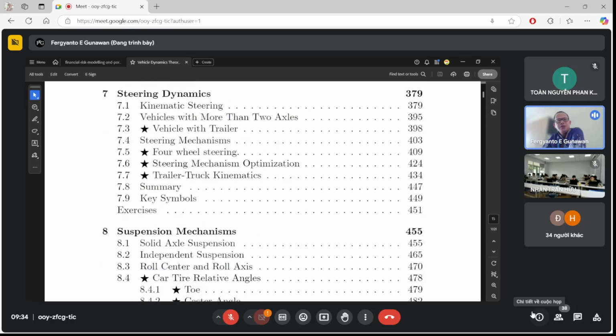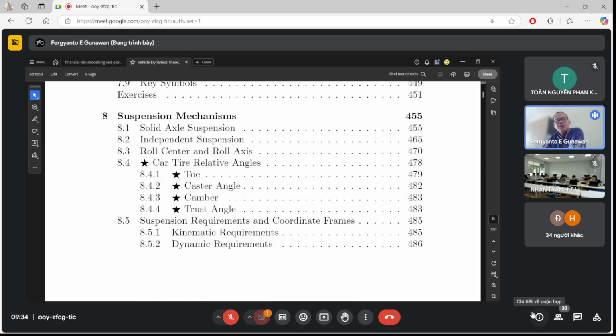And so today we discuss chapter 8 about suspensions. Yeah, suspension is a simple structure that we use to support the body of a car. So suspension is a structure connecting the wheel to the body of the vehicle.